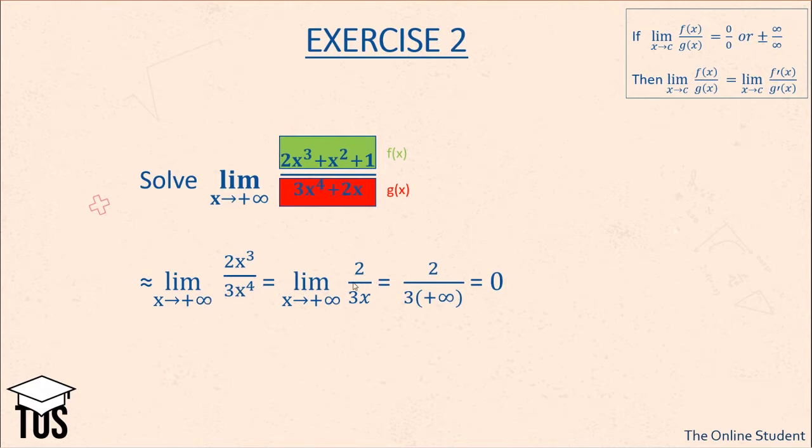If we simplify this, we can get rid of this x to the third power, so we get the limit as x approaches infinity of 2 divided by 3x, and then we can fill in infinity for x, so we get 2 divided by 3 times infinity, which is also equal to 0. Reminder, you can only use this if x approaches infinity.